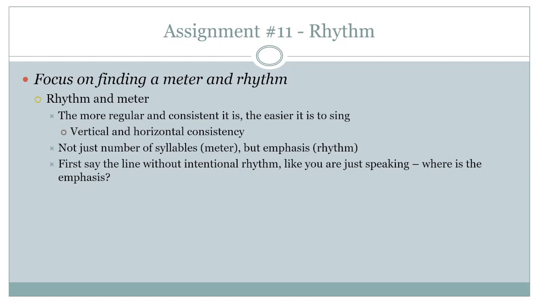You're giving a lesson, or you're just speaking it. Where's the emphasis? And then say it again, but do it overly dramatically, and see where the emphasis is there. See if it changes. That's just a technique to identify where the emphasis is without the bias of where you want it to be to fit a particular rhythm.